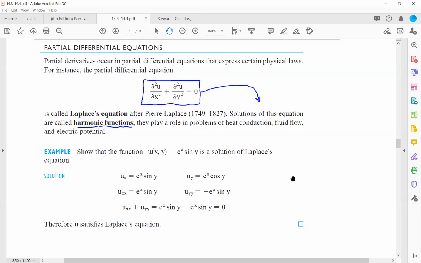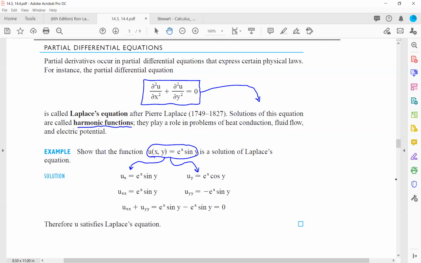To show that this is a solution of this equation, we have to find the second partial derivatives of the function. So let us take the derivative of the function with respect to x, then take the derivative of the function with respect to y, then work with second partial derivatives.